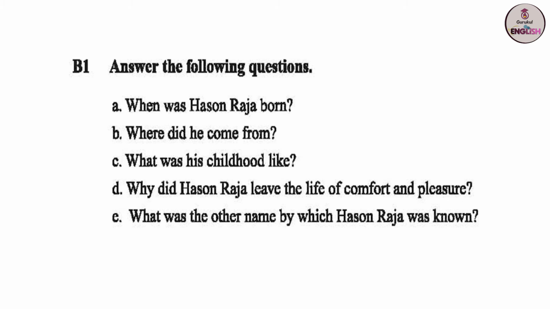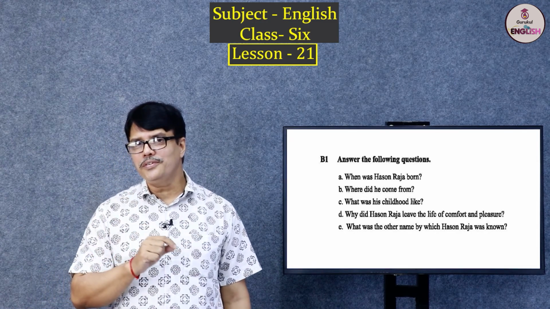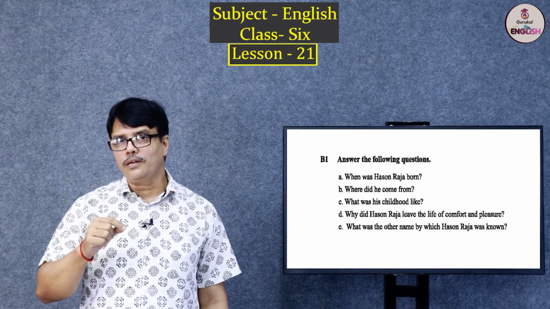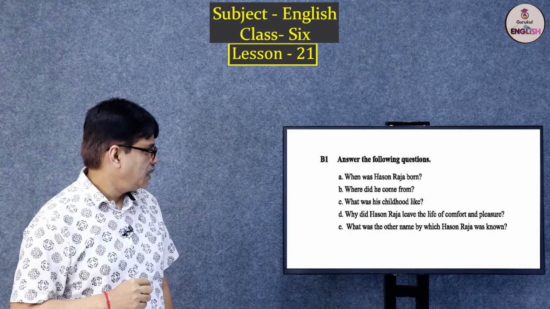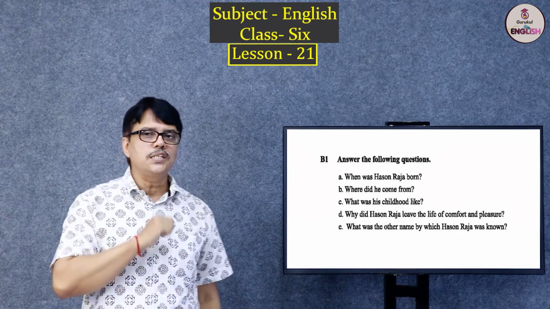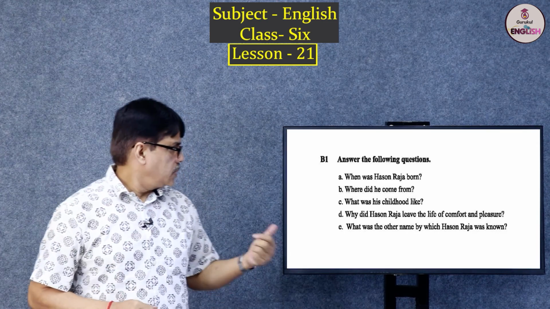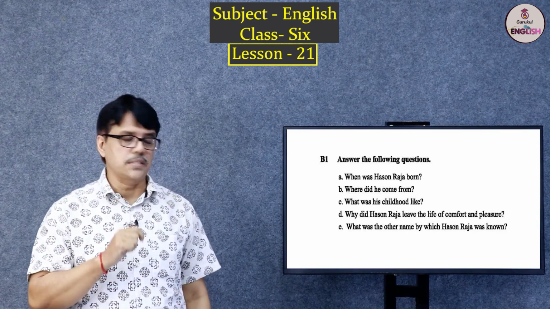Next question, D. Why did Hason Raja leave the life of comfort and pleasure? Very good question. You have to know the story and you have to recall the story. You know, this question is in past tense.